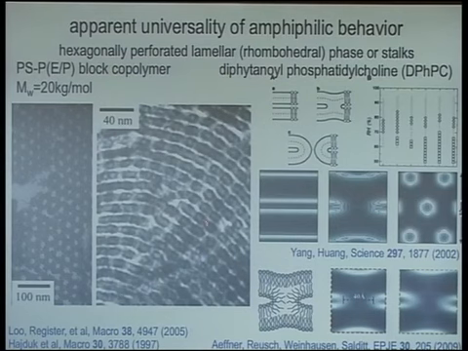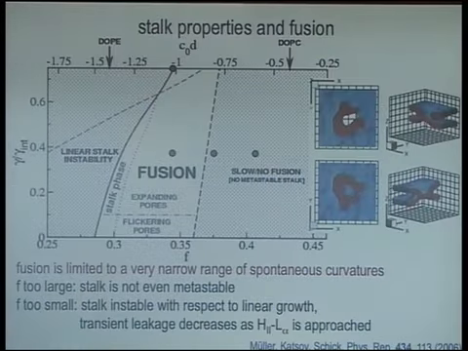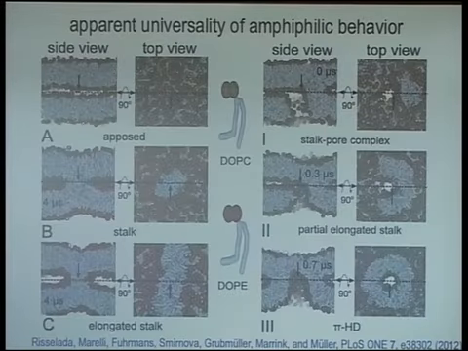Here you see these lamellae and these breakthroughs, which are the stalks, the light spots. And these light spots also arrange laterally on a hexagonal lattice. So that tells you that it's quite universal. And you can look at this as a function of the tension of the membranes and the architecture. Let me skip this.